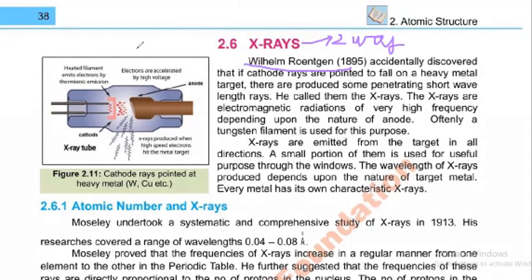Firstly, we will study the William Röntgen phase, which is the interaction between the electron and nucleus, where a high speed electron strikes a heavy metal in a discharge tube. So what happens then?